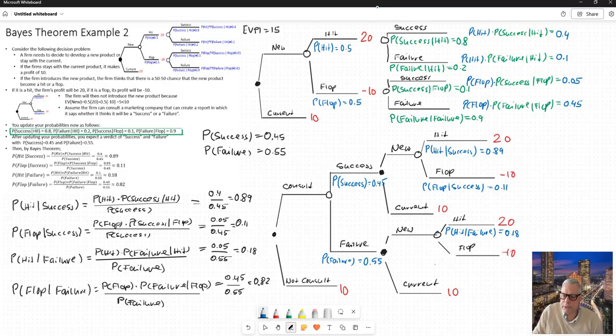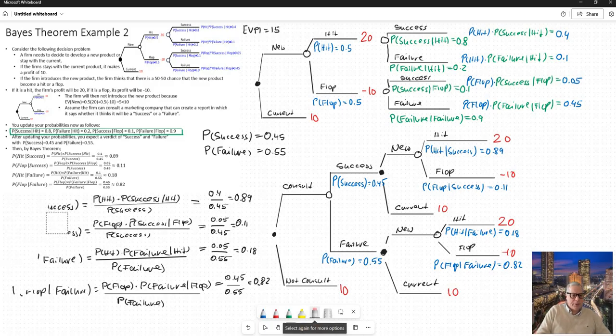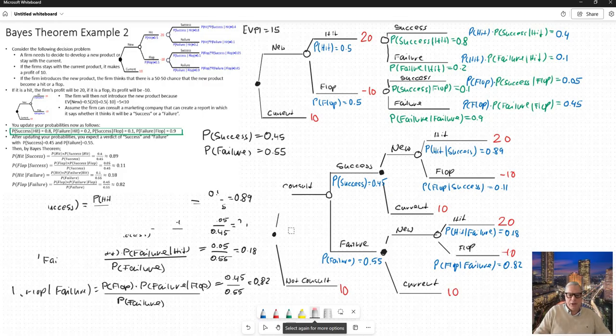And the probability that it's a flop, given that the marketing company thinks it's a failure, that was 0.82. Okay, so we have now converted this information. Maybe I can now erase it. We also have it here again in small, so we can now calculate the expected value of imperfect information.